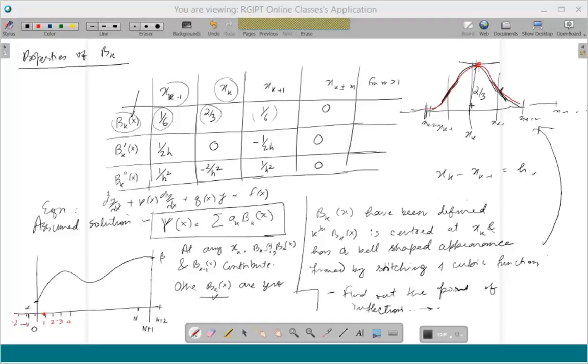So if you want to include the entire region, and you are interested in the value of the function in the entire region, you have to include all the B_K's starting from -1 to n plus 2. So I'm going to write down y of x as a sum over k from -1 to n plus 2. This would be your assumed solution. Is that all right?